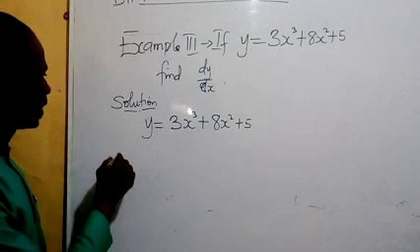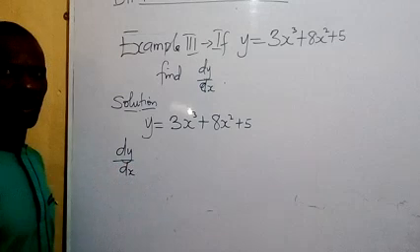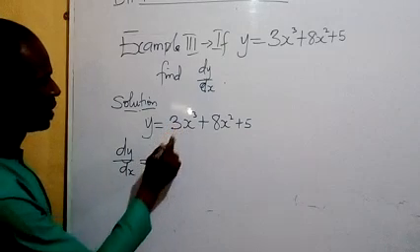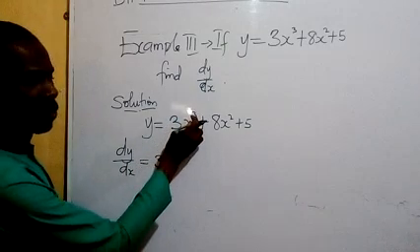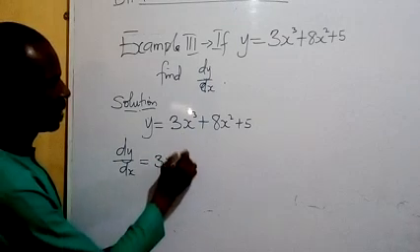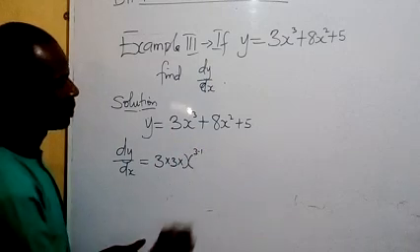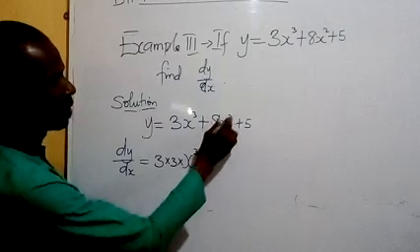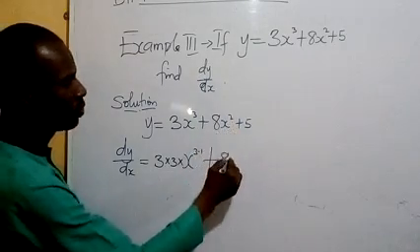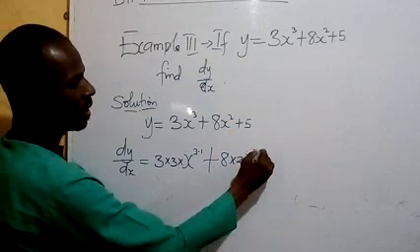To find dy/dx, we are differentiating with respect to x. The 3 is a coefficient, so you have 3 times 3, times x raised to power 3 minus 1, plus 8, the power of x, which is 1, multiplied by x to the 1 minus 1.